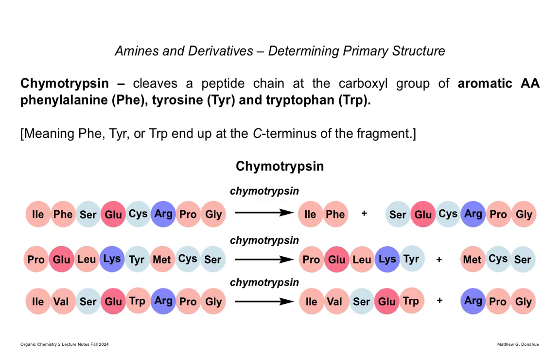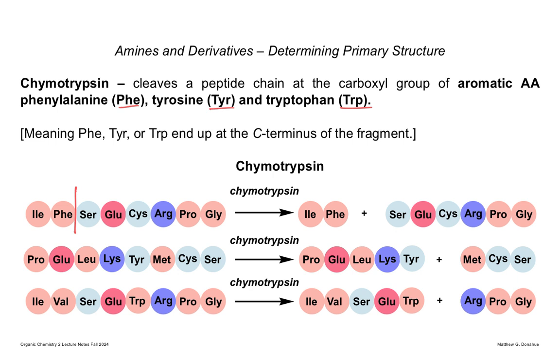So chymotrypsin, we're looking for phenylalanine, tyrosine, and tryptophan. In the top one, once we get past amino acid 2, it's going to cleave there. So we have a 2 and a 6 in terms of the fragment sizes.